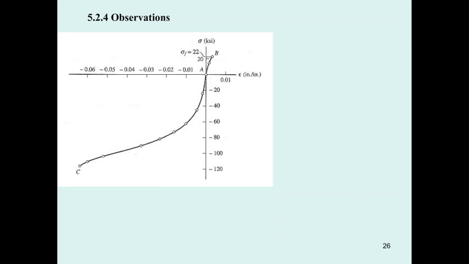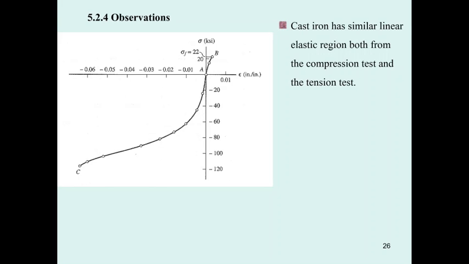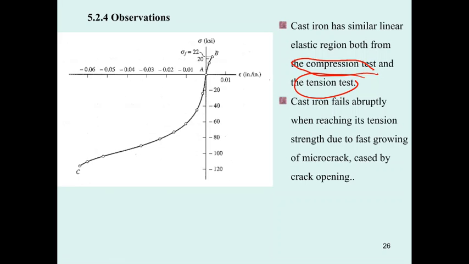And we observe that the behavior of some materials is different in compression and tension, such as concrete and cast iron. Most brittle materials have different tension and compression behavior, but metals such as aluminum and steel have the same kind of behavior. Cast iron has a similar linear elastic region both in compression and tension.